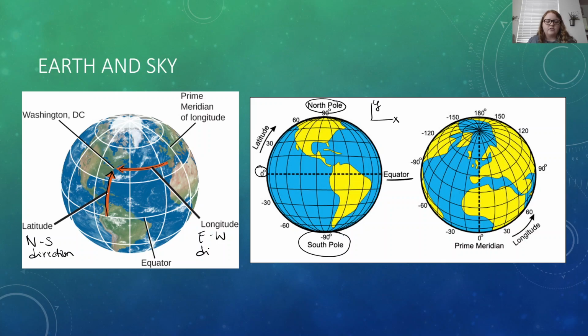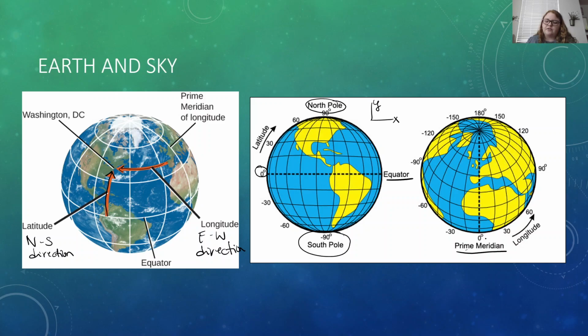With longitude, we will count all the way around the sphere, the globe, and we start at the prime meridian, and that is somewhere in England approximately. I think it's Greenwich, if I remember correctly. That's where the prime meridian is, so we call that 0 degrees. And then we go from there longitudinally.